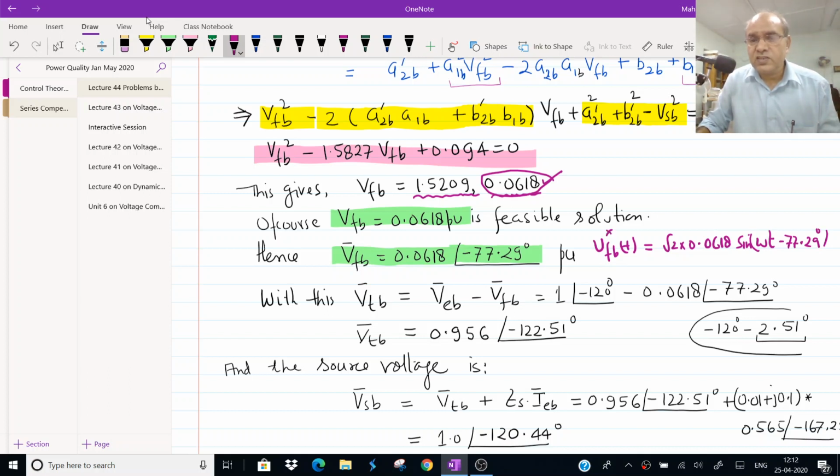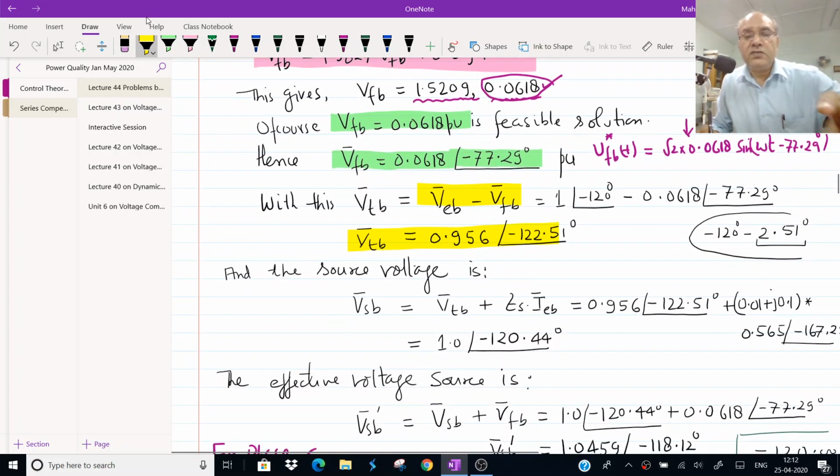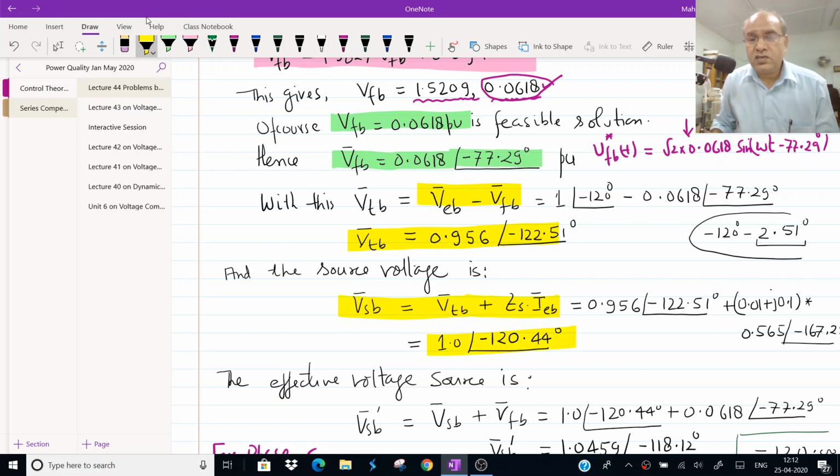And this reference voltage has to be constructed by a voltage source inverter. And like previously, we can find out the VTB, which is VLB minus VFB. This VTB comes out to be 0.956 angle of minus 122.59. And therefore VSB is VTB plus the drop across the feeder, and we solve it, we will find 1.0 angle of minus 120.44.